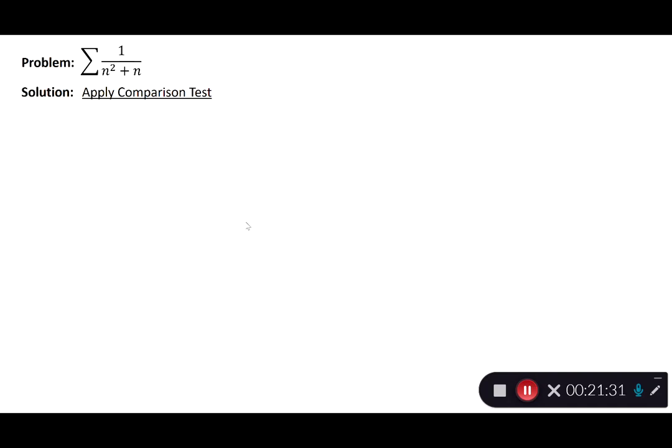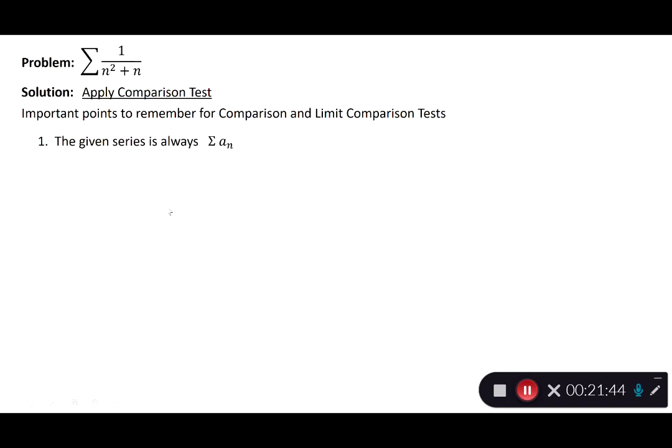Wait a minute. The test talks about some sigma a sub n and sigma b sub n. What are sigma a sub n and sigma b sub n? Here is the idea. The given series is always sigma a sub n. In our case, what is sigma a sub n?